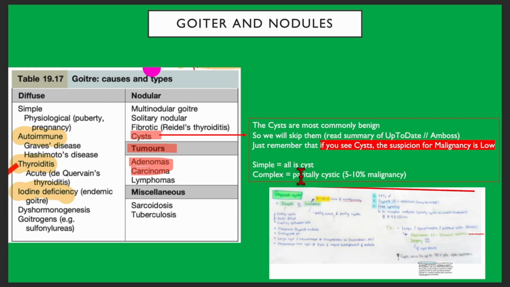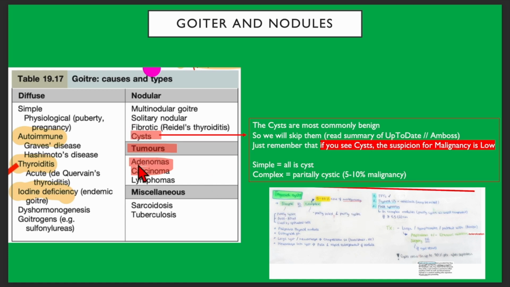Complex means that it is partially cystic and partially solid. So this is the one we care about, complex. Complex cysts have a 5 to 10% risk of malignancy, okay? So 90 to 95% of the complex ones will be non-malignant and the simple ones are 100% non-malignant. So yeah, this is the thyroid cysts.